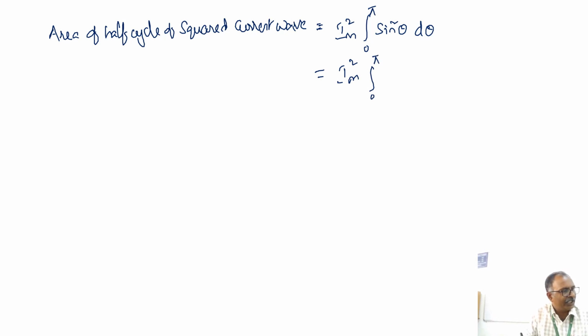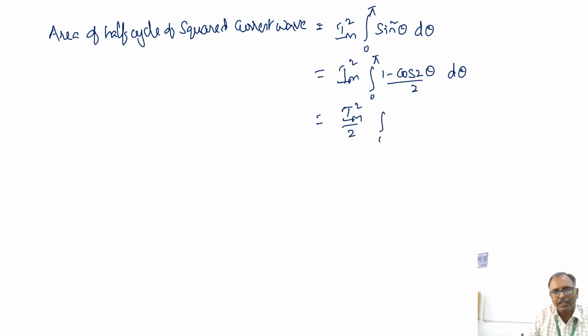The sin square theta can be written as 1 minus cos 2 theta divided by 2, d theta. The 2 is also independent of theta, so I can write Im square by 2 outside, integral 0 to pi of 1 minus cos 2 theta d theta.